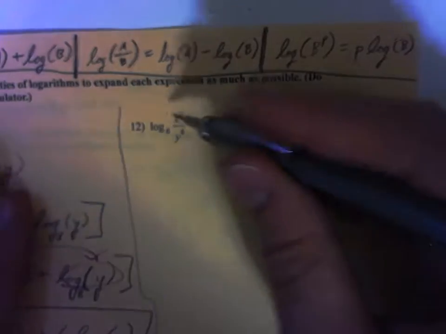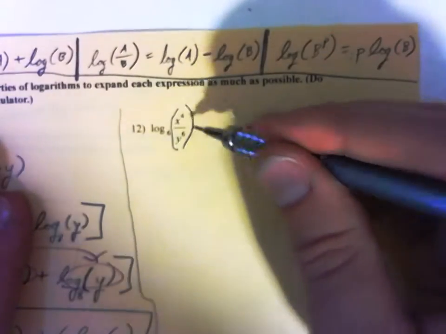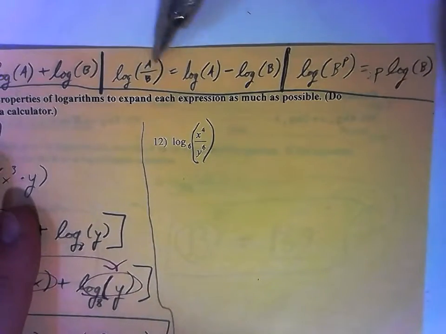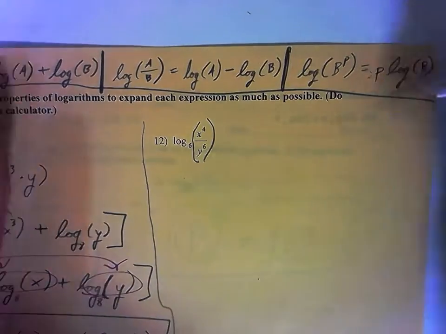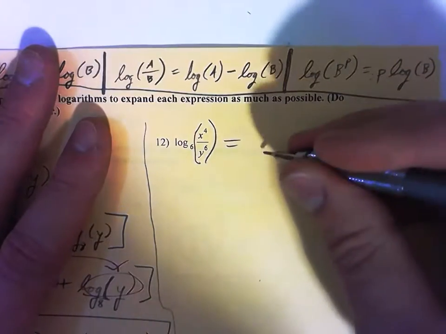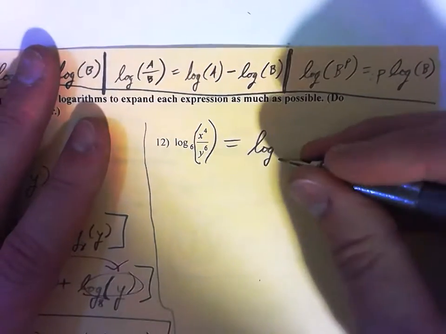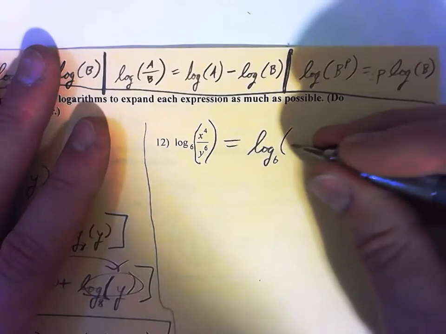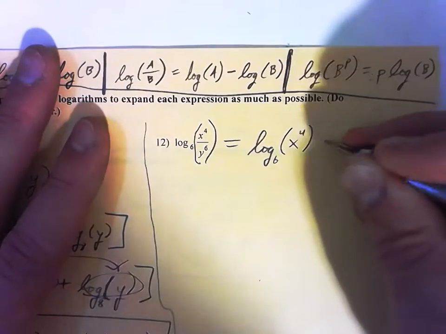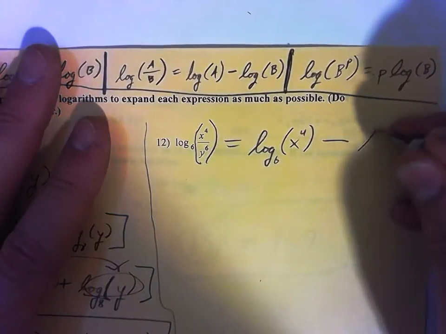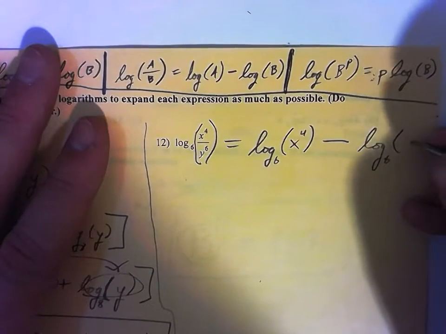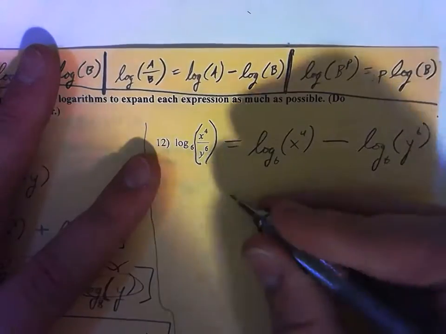Okay. We got log base 6 of something divided by something. So the division is going to become subtraction when we separate it into 2 logs, or expand it. So it's going to be log base 6 of x to the 4th minus log base 6 of y to the 6.